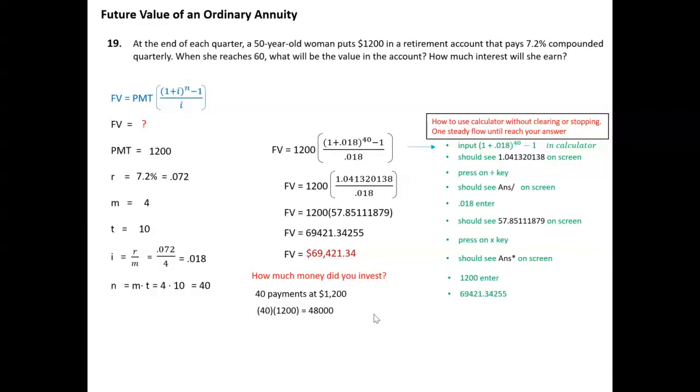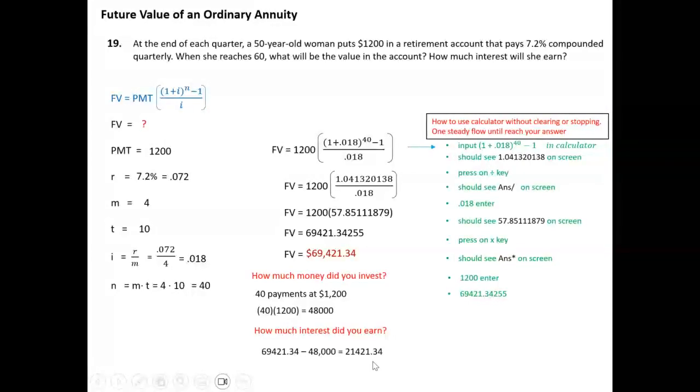That's how much money came from her pocket. So then, to find how much interest did she earn, we subtract the 48,000 from the $69,421.34, which will give us $21,421.34. This is how much money she earned in interest.